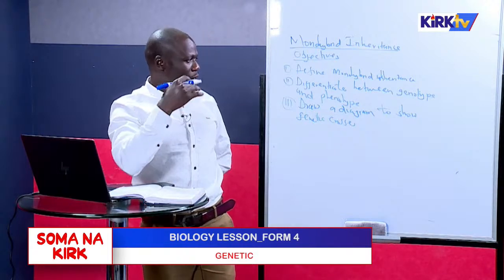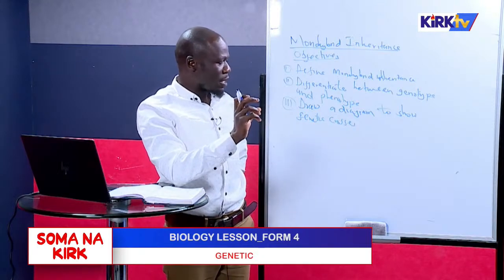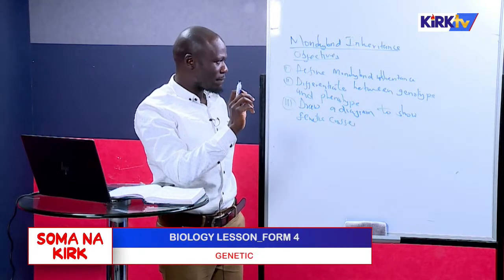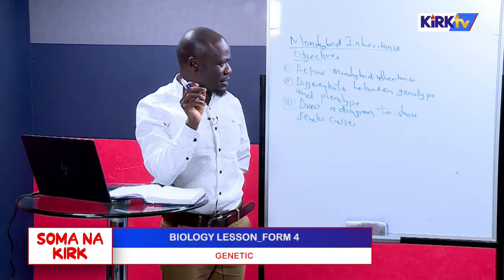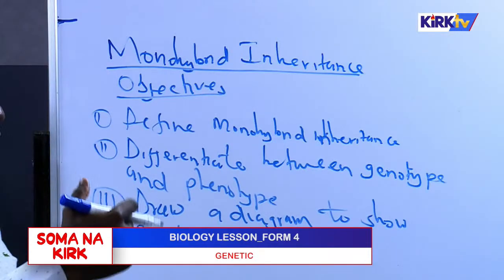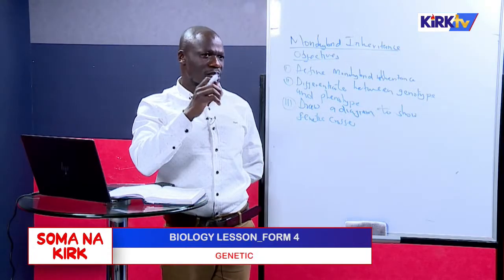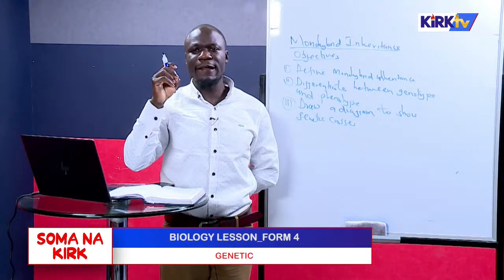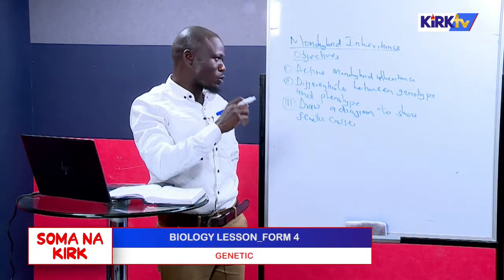We are told that genes, or what we call the genetic materials, define the characteristics of every living organism. These genetic materials are supposed to be passed from the parents to the offspring, and they are contained in a specific locus within a chromosome.